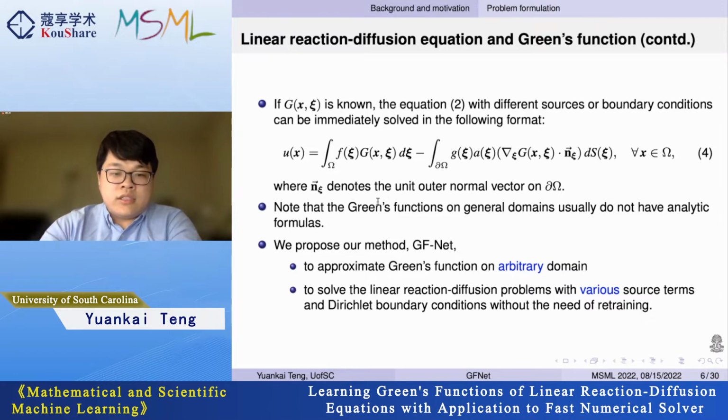Also, since the Green's function on general domains usually does not have analytical formulas, typically we do not use this kind of method to solve the problems. So here we propose our method GFNet to first approximate the Green's function on an arbitrary domain, and then solve the linear reaction diffusion problems with various source terms and Dirichlet boundary conditions without the need of retraining.